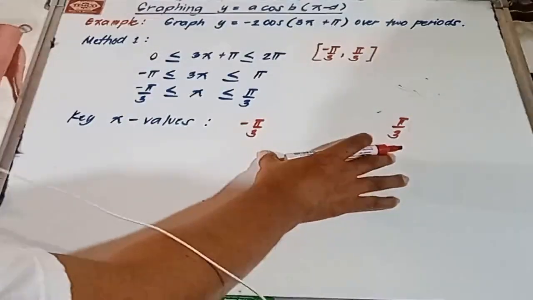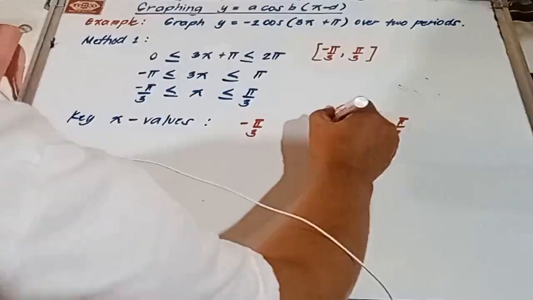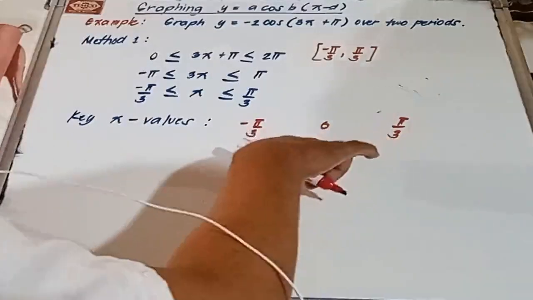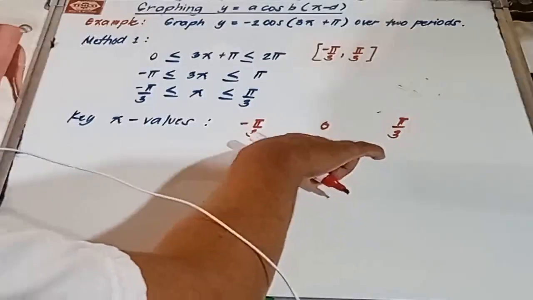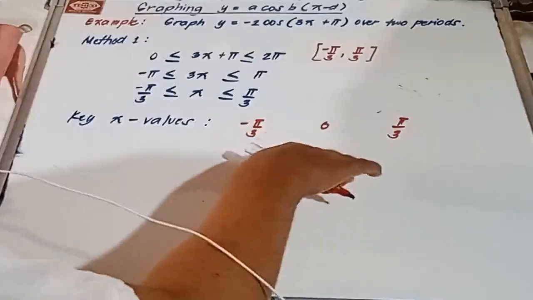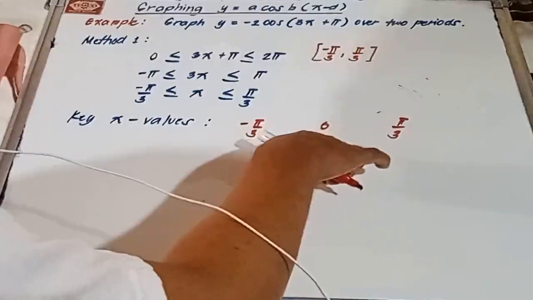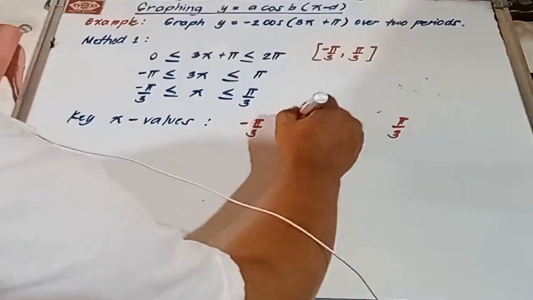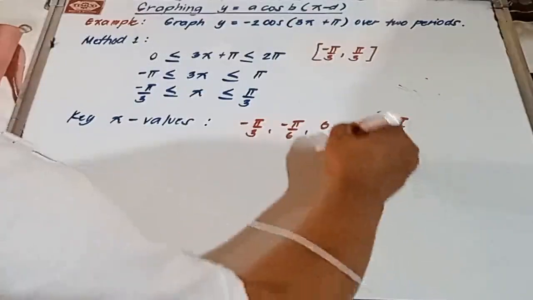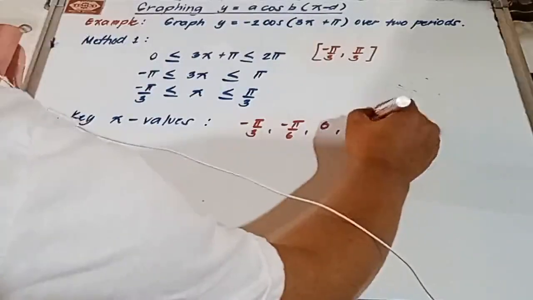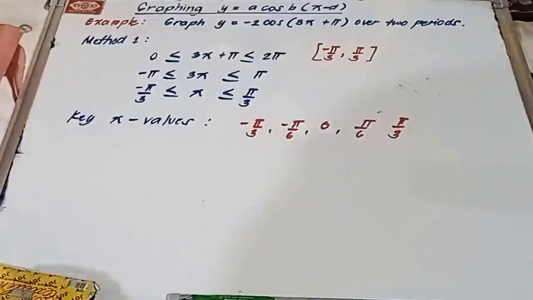We get the sum divided by 2: negative pi over 3 plus pi over 3 is 0 divided by 2. That will be 0. So, ito yung midpoint of these two. Then we get the midpoint of this. Negative pi over 3 plus 0 is negative pi over 3 divided by 2 is negative pi over 6. Then 0 plus pi over 3 divided by 2 is pi over 6 also. So, ito na yung ating key x values.